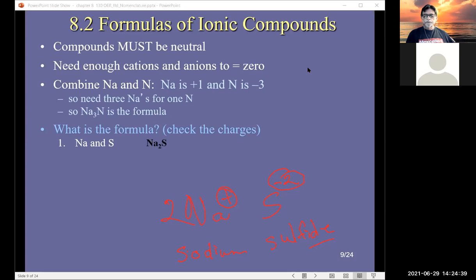Okay. Now you might think, well, wait a minute. What if I had the formula? Okay, and here's the thing. Let me draw this. Be able to go in both directions here. Given the formula, give me the name.